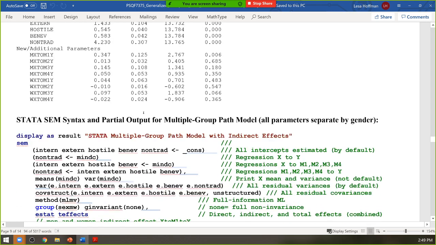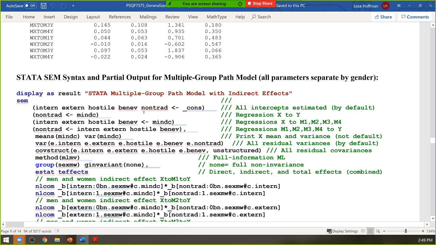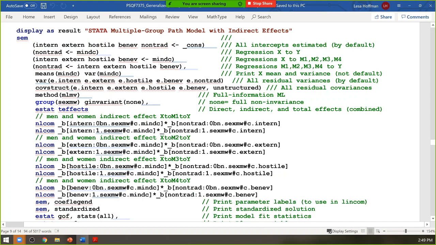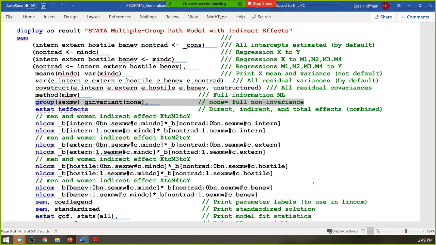This is where actually Stata wins on this. So Stata has a much more succinct way of doing all of this with just this line of code. It tells you what you want to group your model by, and then what level of what's known as invariance you want, meaning which parameters do you want to constrain to be the same across groups.